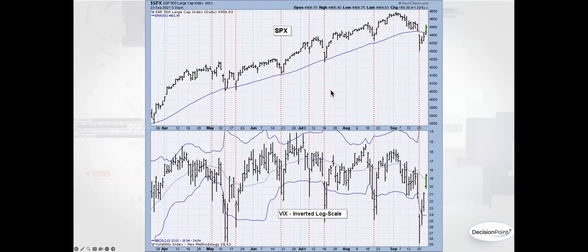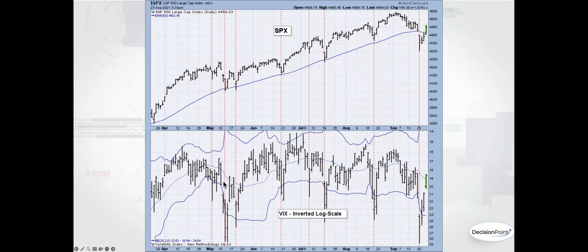So on the VIX, we invert our VIX and we use it on a log scale, and we use Bollinger Bands. So the Bollinger Bands tell us when we have a climax type of situation. And you can see that when the VIX goes below the lower Bollinger Band, that means that the readings are very high.